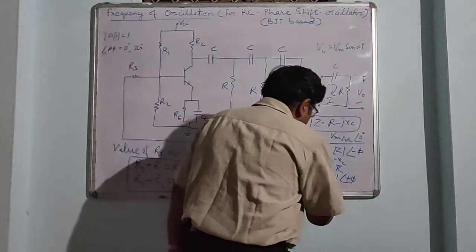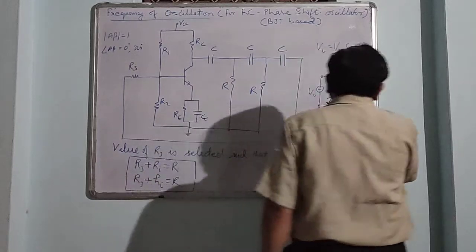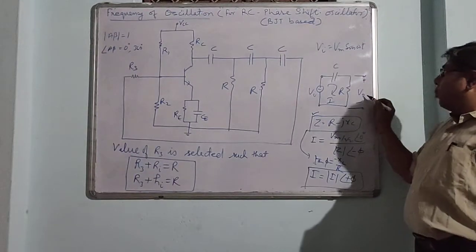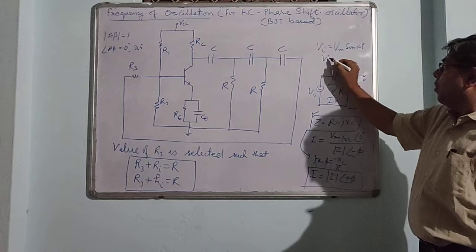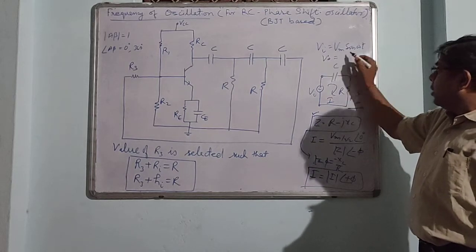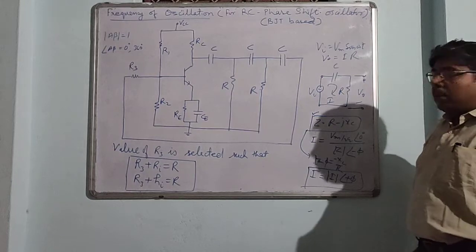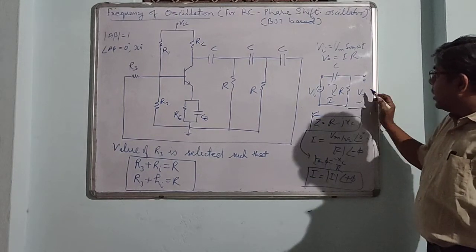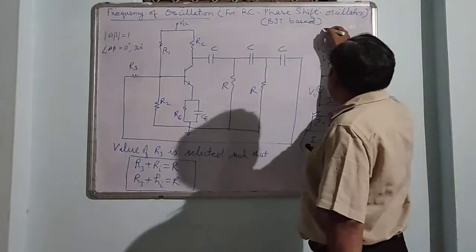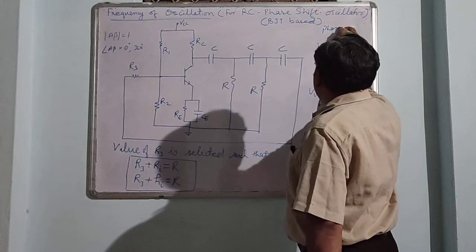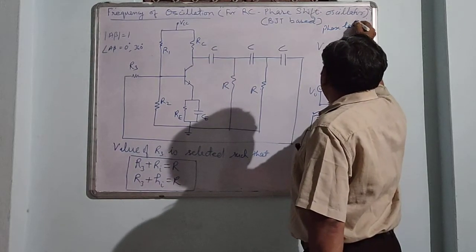Since the phase is positive, the output is simply I into R. So this is a phase lead network.